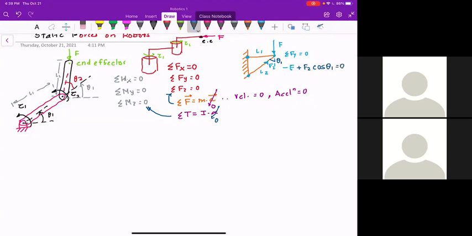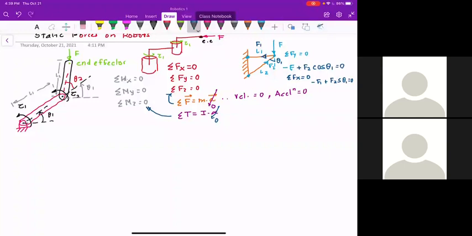And then you're going to have the other force. If this is F1, the summation of forces in X direction is equal to 0. That would lead to minus F1 plus F2 sine theta 1 is equal to 0.